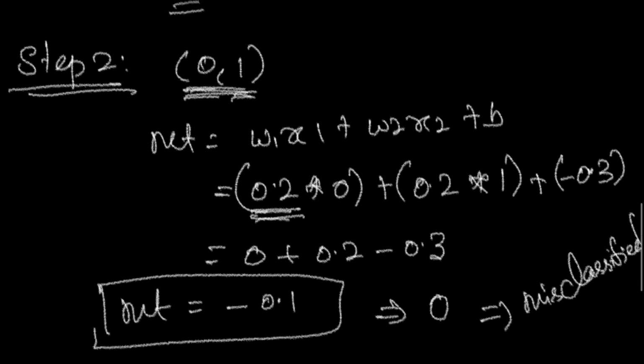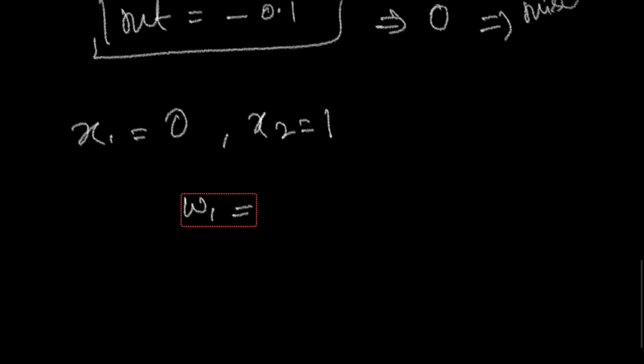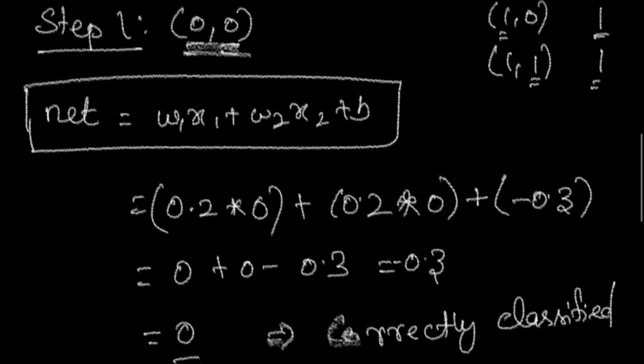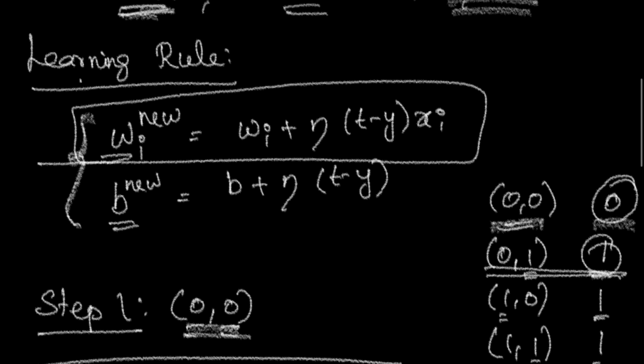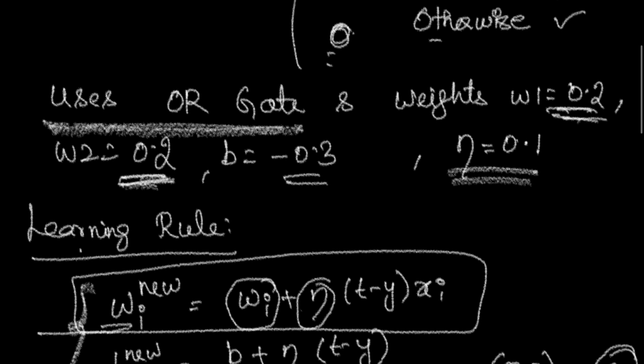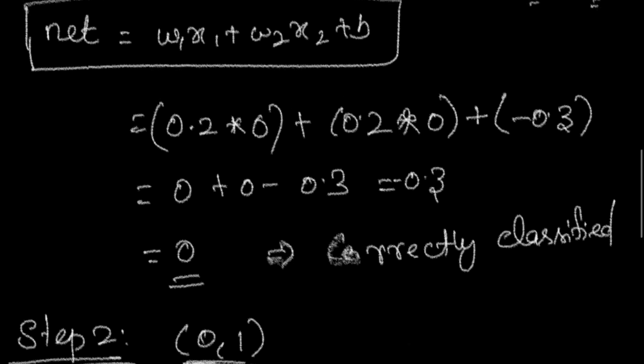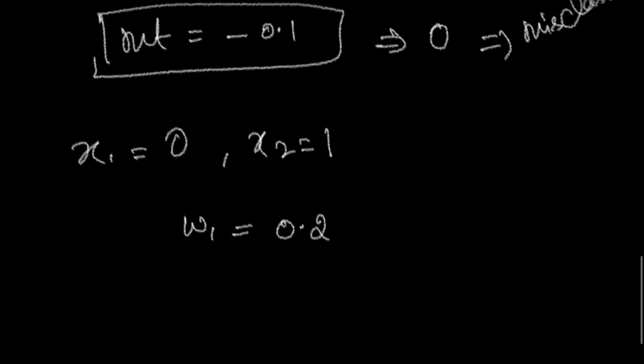That was what I used in the previous iteration. So directly we can go with W1 as 0.2. That is the old weight. Check the formula. This is the old weight plus the learning rate. What is the learning rate? It is given as 0.1. This learning rate is used whenever we want to correct the weights. When we face a misclassification and want to correct it, we use this learning rate. So the learning rate already given is 0.1. We can use it here. So it is plus 0.1.